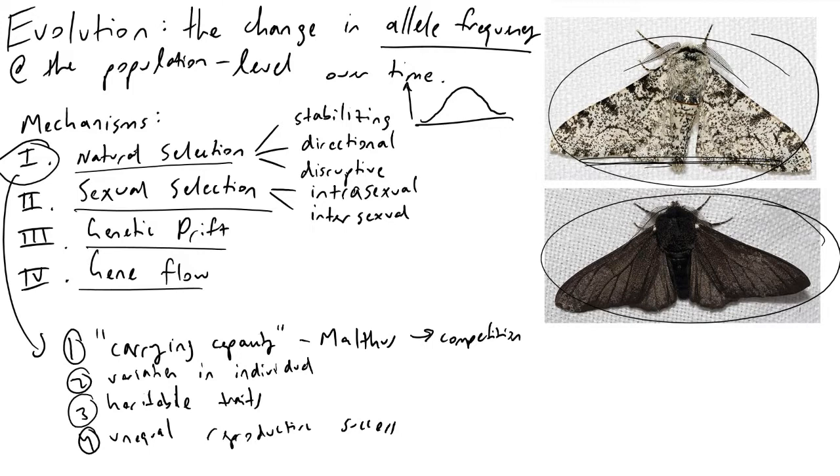What happens in stabilizing selection is that the extrema are selected against. So if this was our initial plot of height for all of our individuals in a population, what will happen in stabilizing selection is that the average will be favored and extrema will be punished.